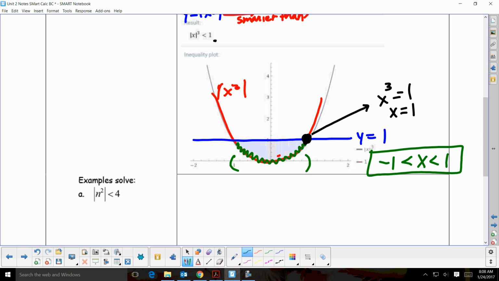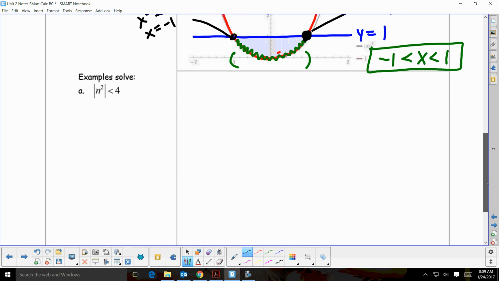The other one, I'm going to set equal to the negated part. So I'm going to set x cubed equal to the opposite, which would be -1. Riley, doing okay? Okay. So x would equal -1. So I can see that here. Okay? And that's where I can get those values.